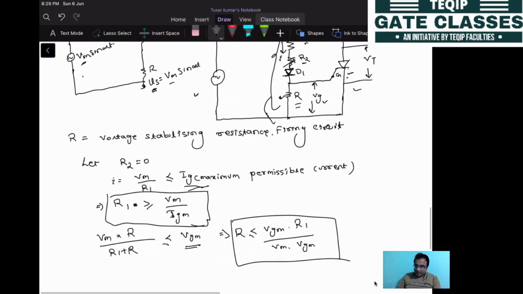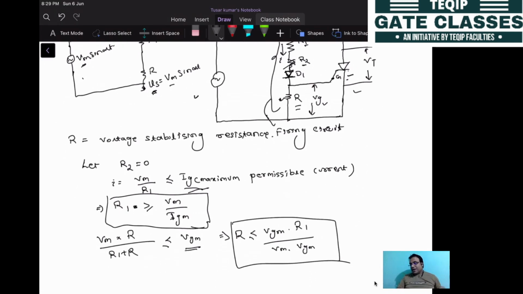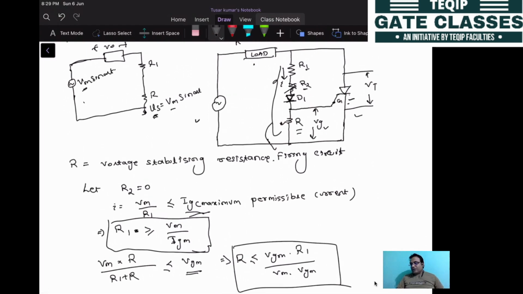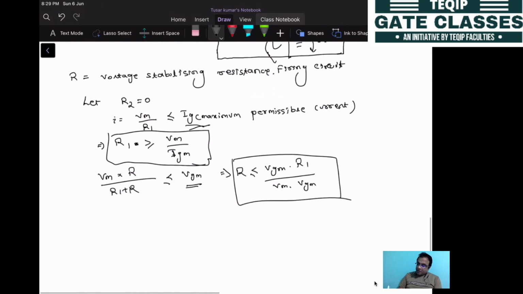Now let's see what happens whenever the gate signal, this current will be flowing, and as you will be varying R2. Here, certain points you need to remember. R1 and R2 are large values.